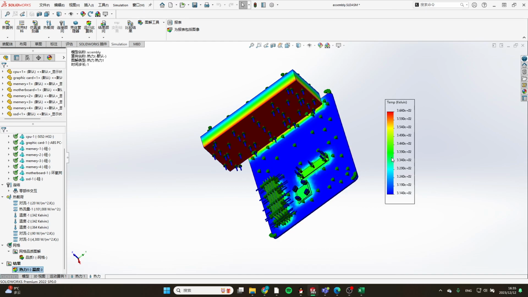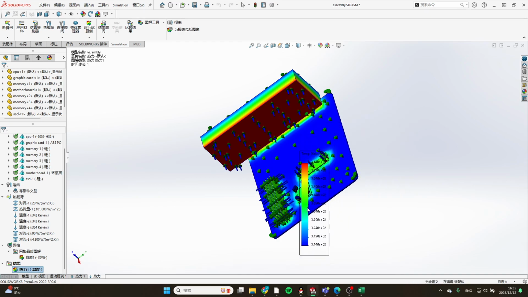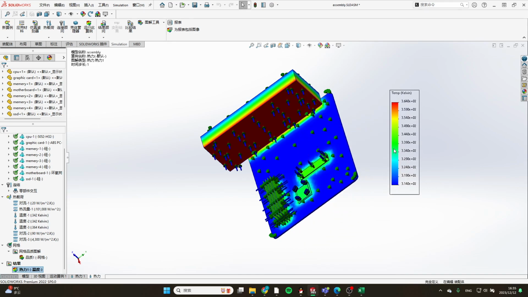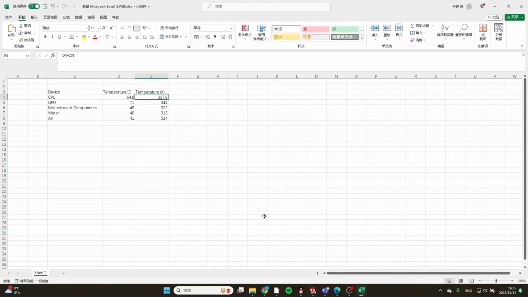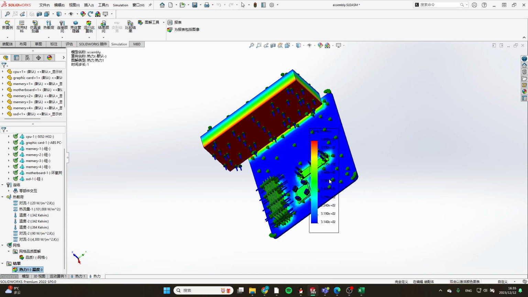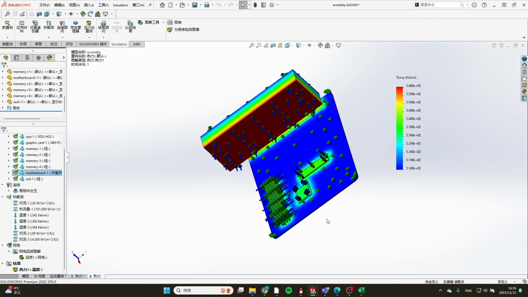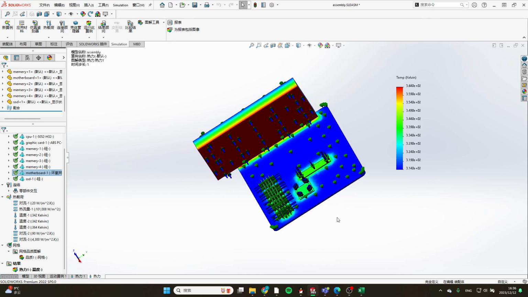You can see it's green. Still close to this value. It's close to 9, but actually it doesn't have too much change. So the outcome is that the impact from the other components on the surface temperature of the CPU can be neglected.